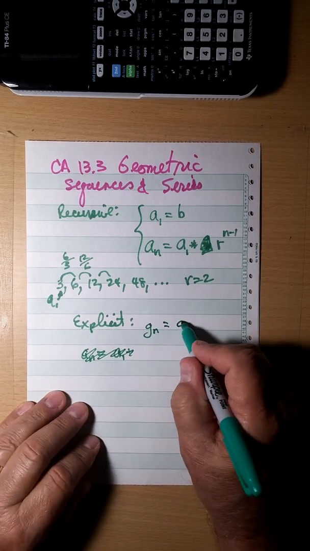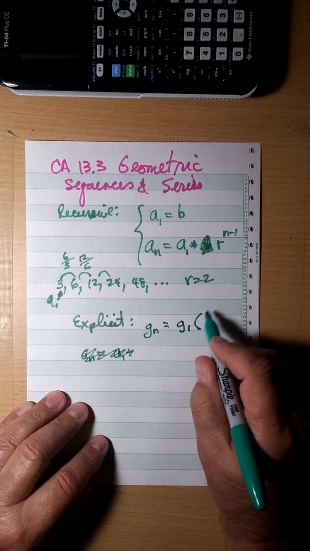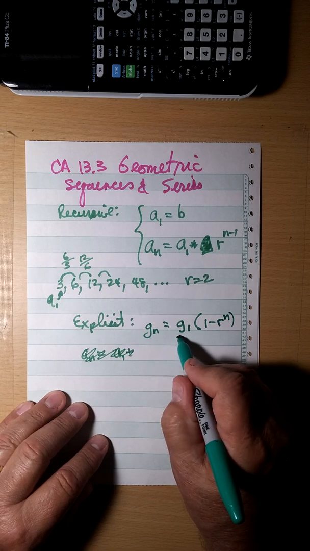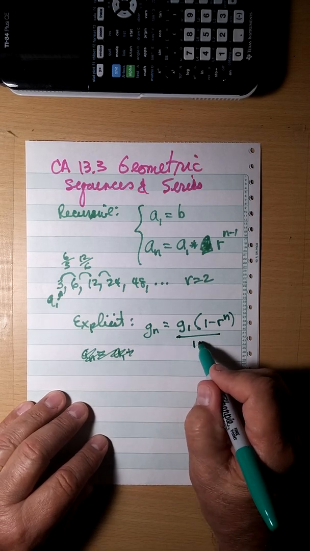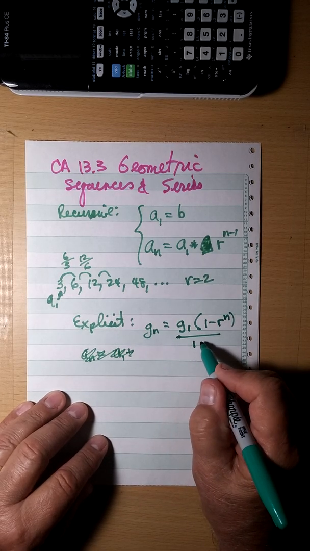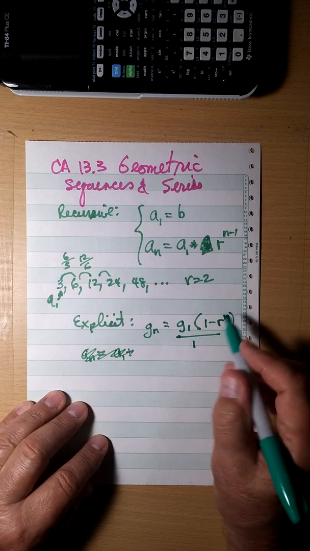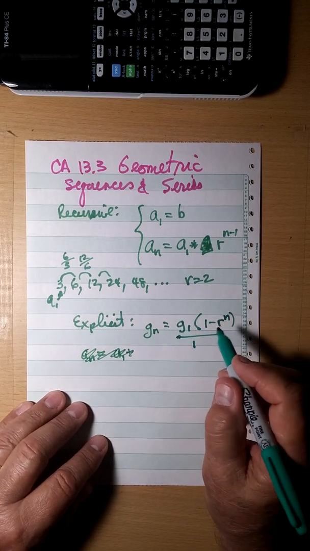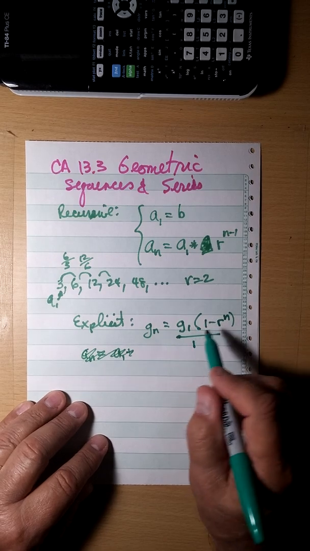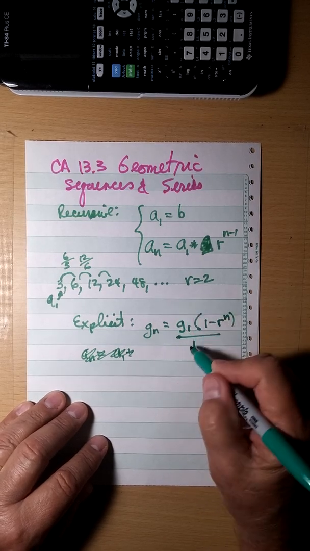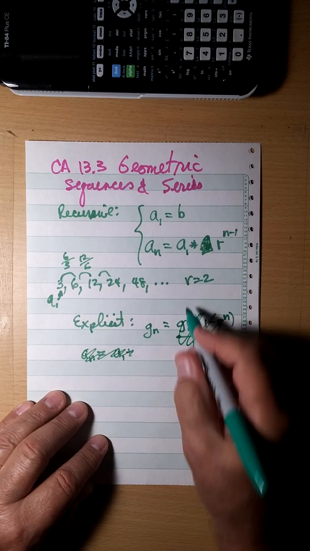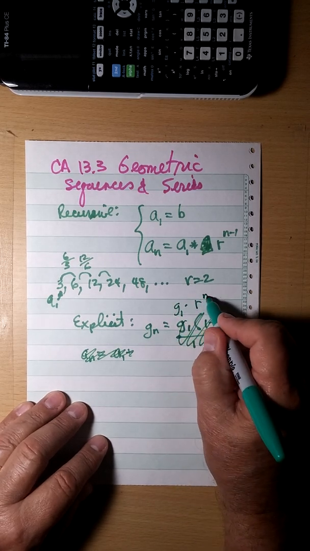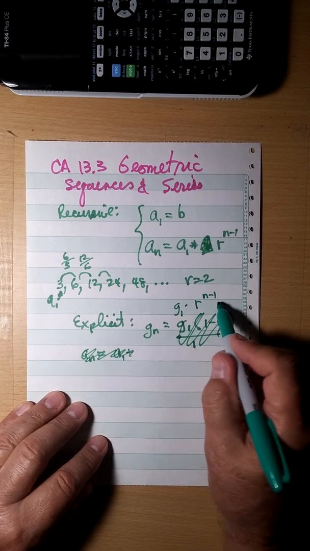So it's the first term, g sub 1, times 1 minus r to the n over 1 minus r. That's for the series. Gosh. So let me give you the formula for the explicit formula. It's g sub 1 times r to the n minus 1 power.